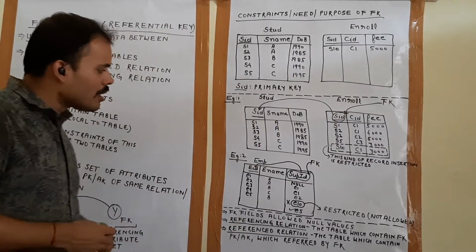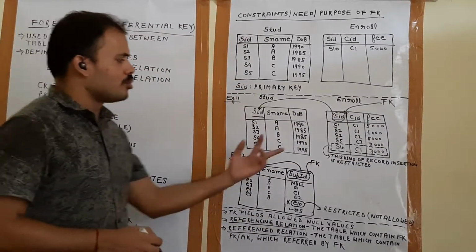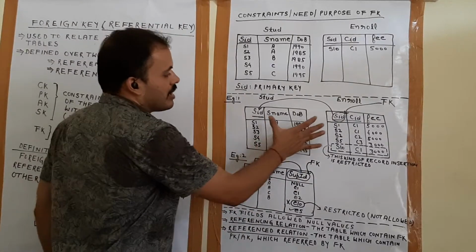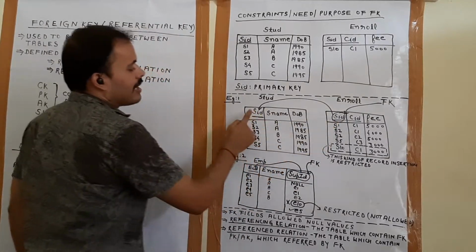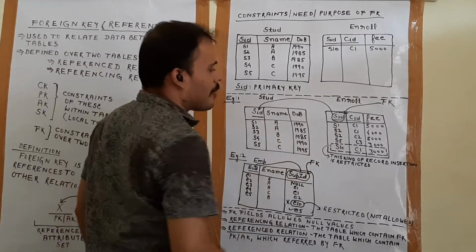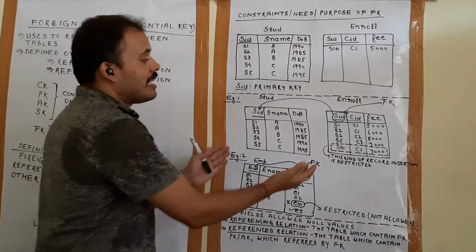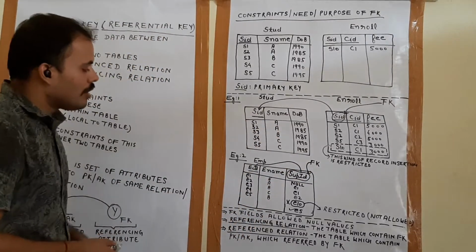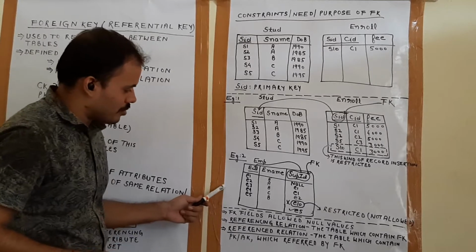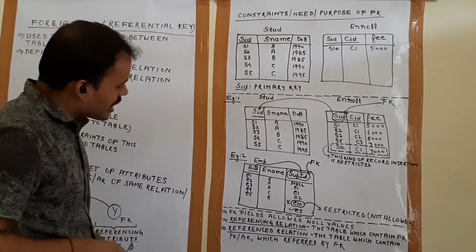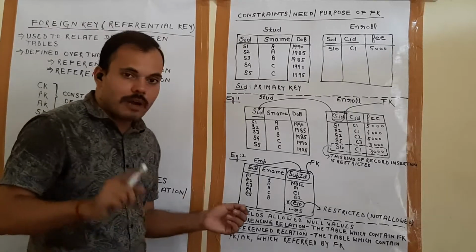Understood? Now see, these are the two tables. In the two tables we are relating data. These two data are in different tables, but they are related with each other. Now in the case of example 2, there is only one table.